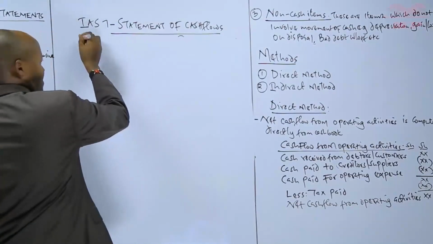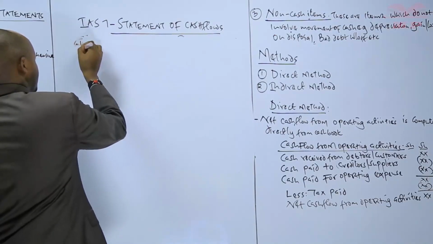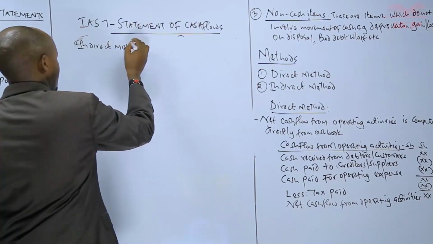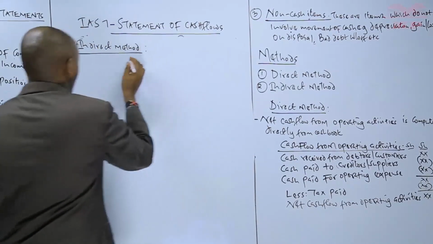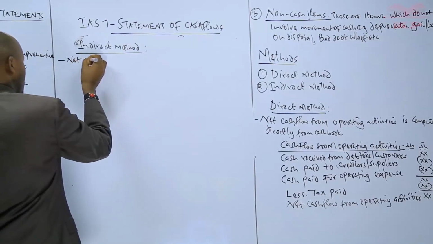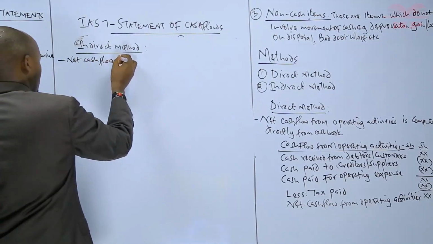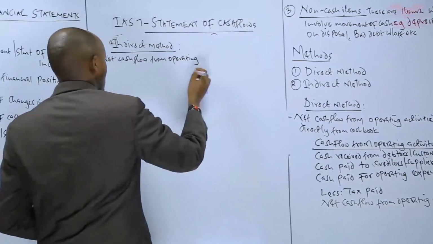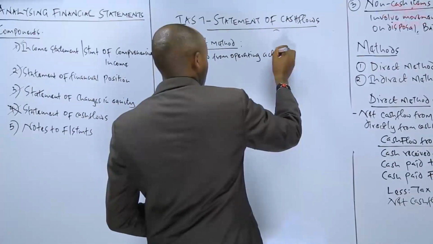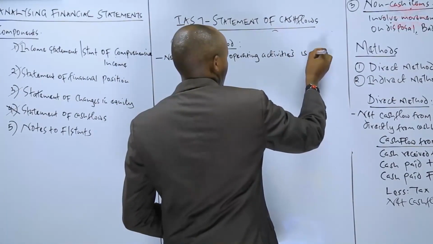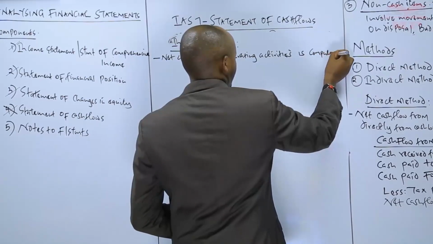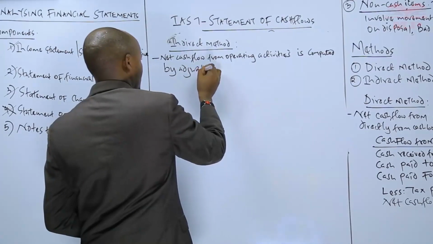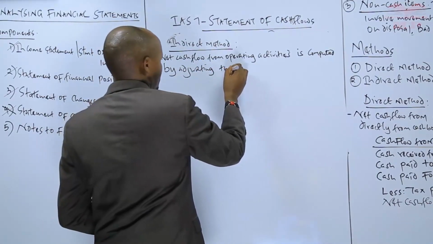So it means that under the indirect method, the net cash flow from operating activities is computed by adjusting the operating profit.